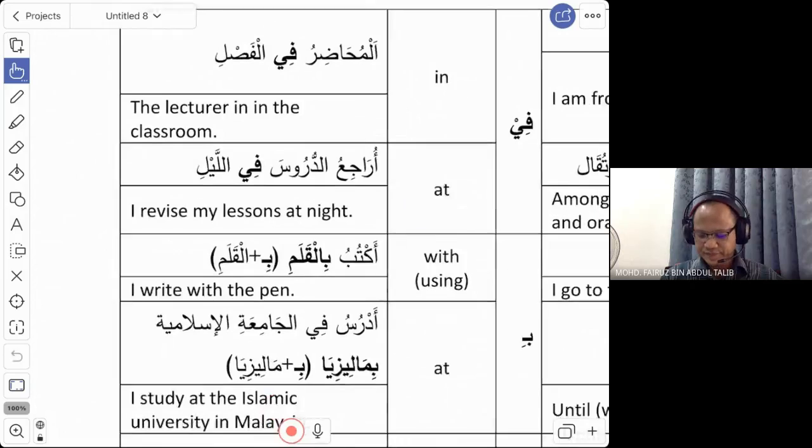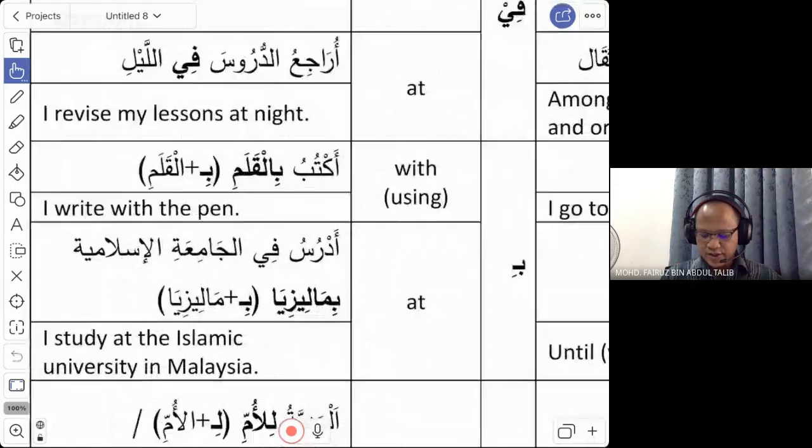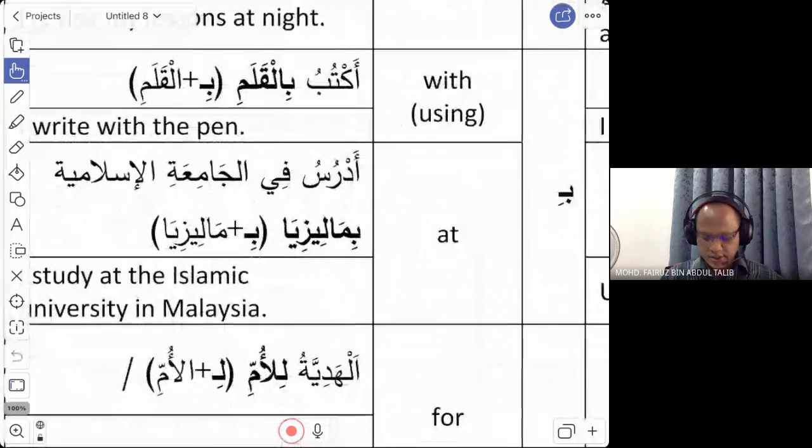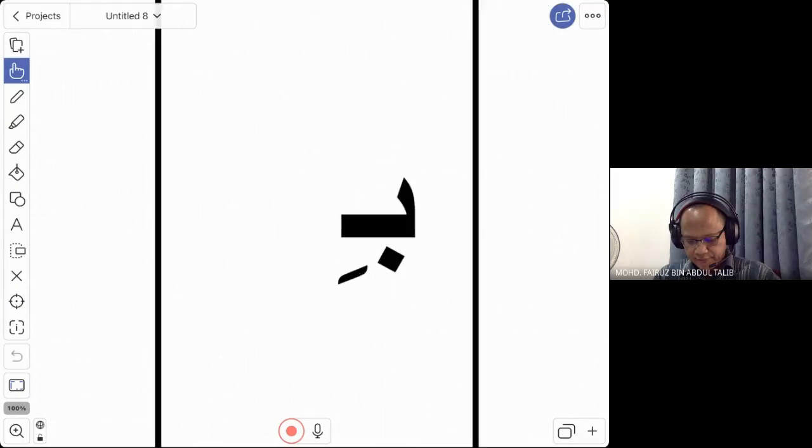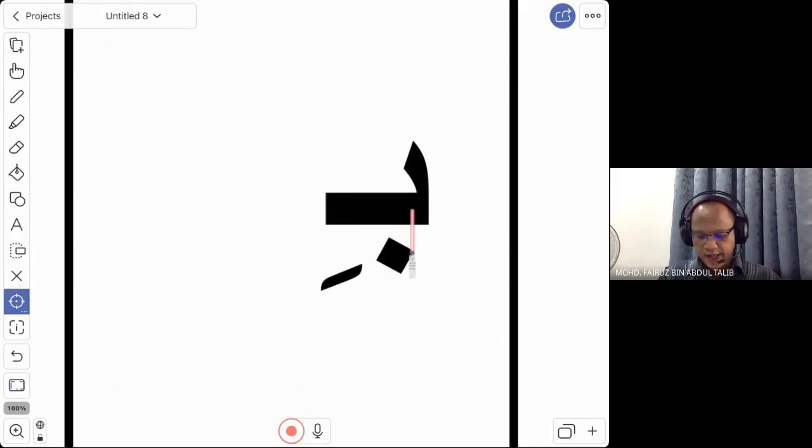Now, next word. The next word is only one letter, the letter ba. And how do you read this letter? It is B. This letter has to be connected to the next word. What is B?